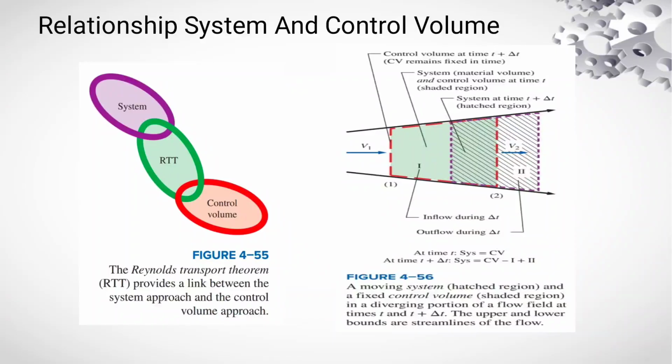The system material volume and control volume at time t are shaded green. The system at time t plus delta t is the hatched region in the middle. This is how a moving system and a fixed control volume appear in the figure.